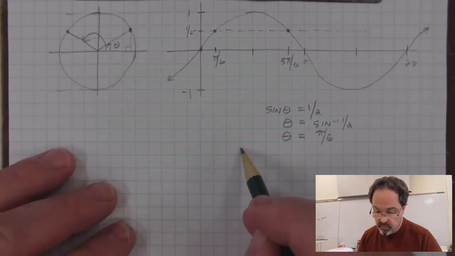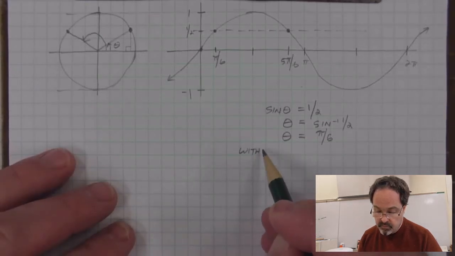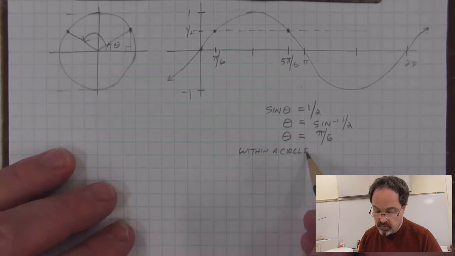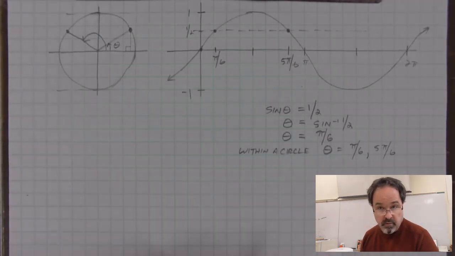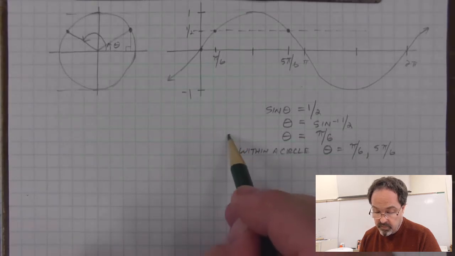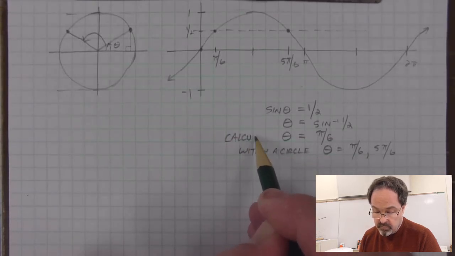And so we know that within a circle, theta is pi over 6 and 5 pi over 6, which is better than what a calculator would give, just the single answer.